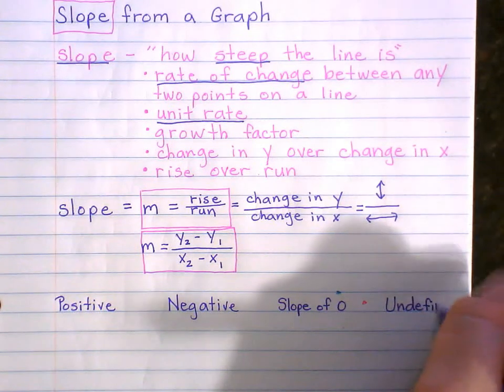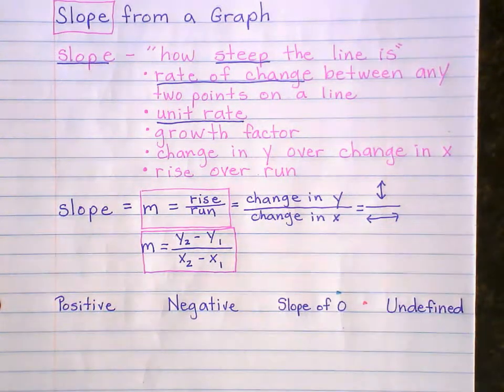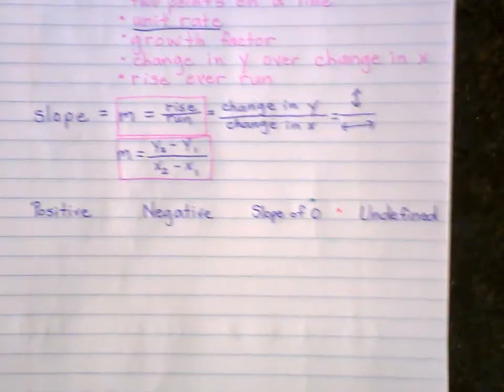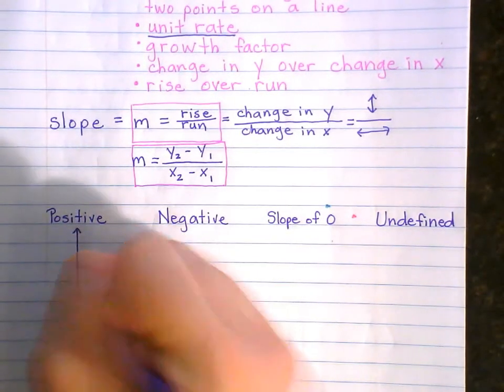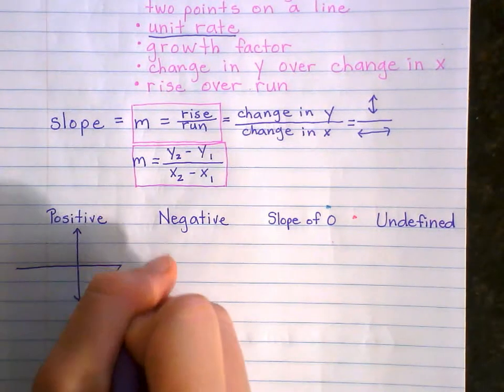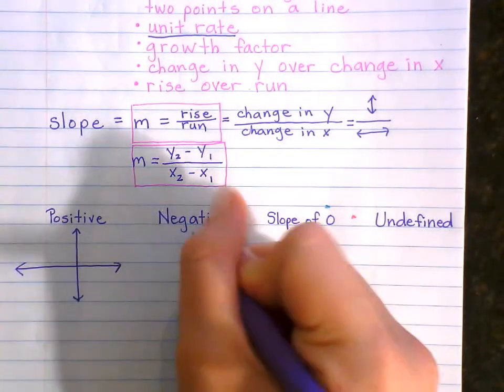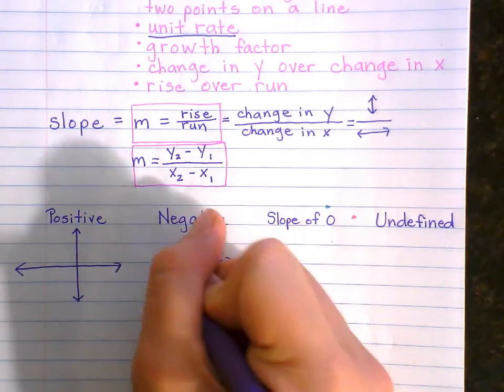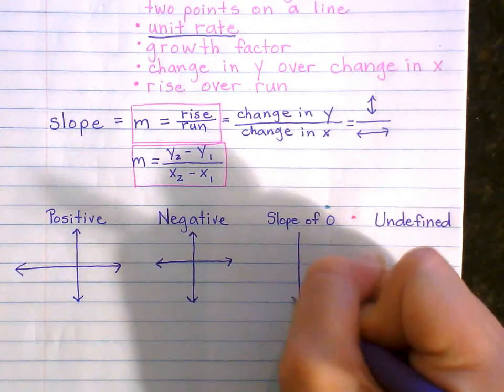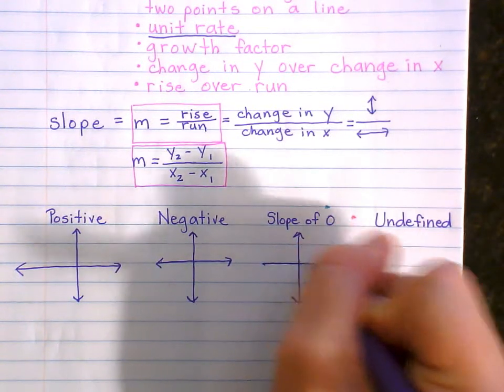So these are the 4 different types of slopes. So let me just draw a coordinate plane for each one. So you got your x and your y axis for each one, and then we'll do an example of each.